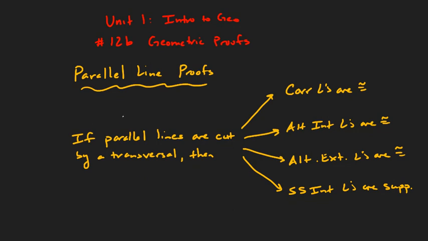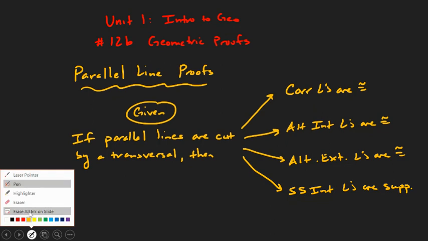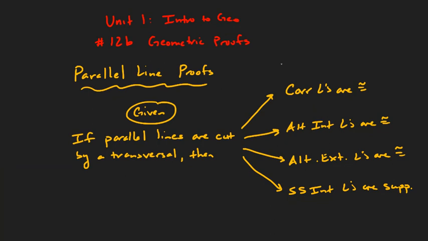That is if you are given that lines are parallel, then we know these things. Well, we can also do it backwards. Say we're given a picture where we don't know the lines are parallel, but we do know one of these relationships is true, or we can show it.